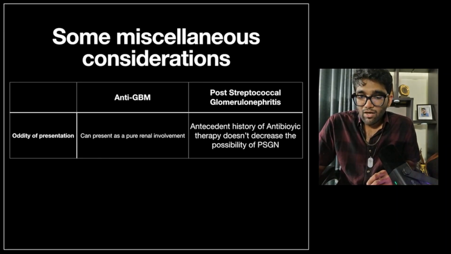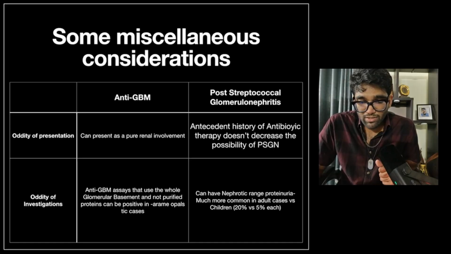Whereas with post-streptococcal glomerulonephritis, even if the patient has been treated with antibiotics, it does not decrease the possibility of post-streptococcal glomerulonephritis, because it is an immune-mediated response against the bacteria. Okay, so killing the bacteria is not going to get rid of the antigens of the bacteria.